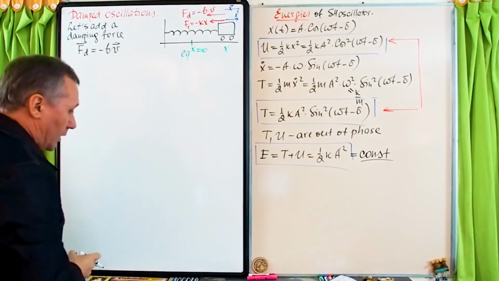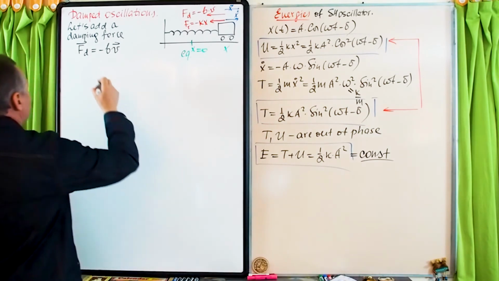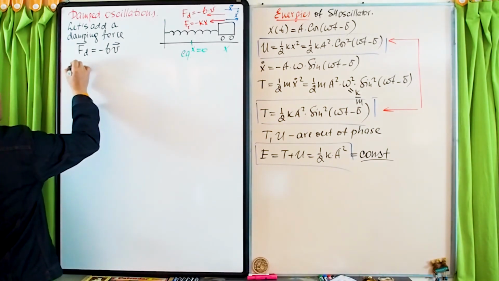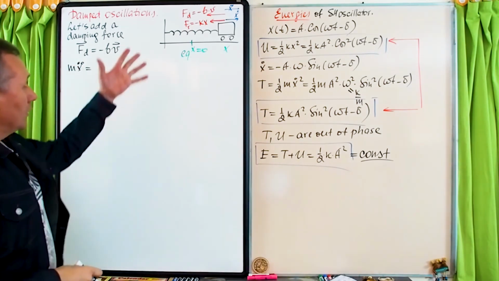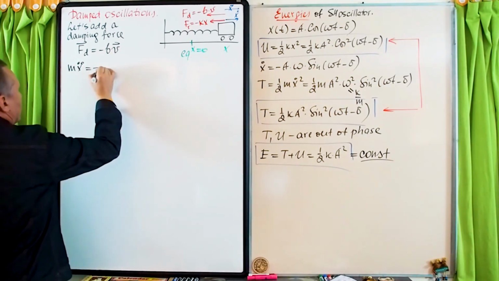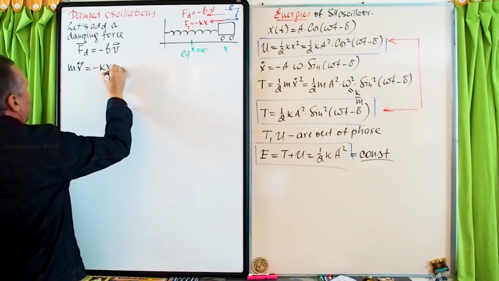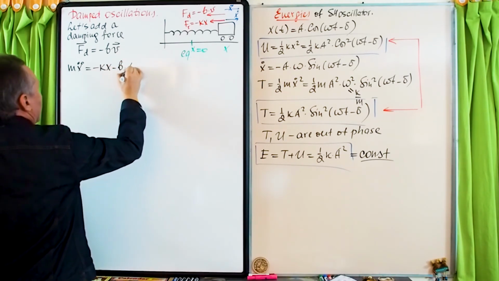Now we can write the differential equation. m x double dot equals the restoring force, minus kx, and minus b x dot.